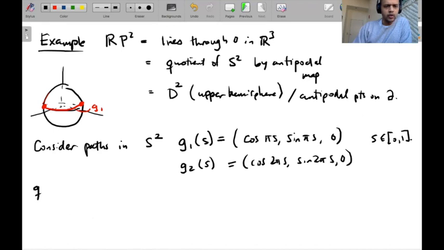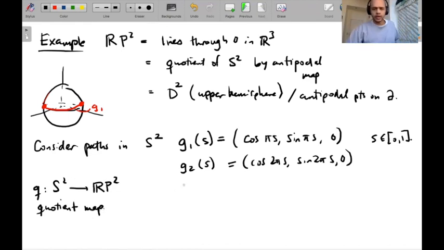Right, so let's write Q for the quotient map from S2 to RP2, sending a point to its equivalence class. And now let's define F1 as Q compose G1 and F2 as Q compose G2.